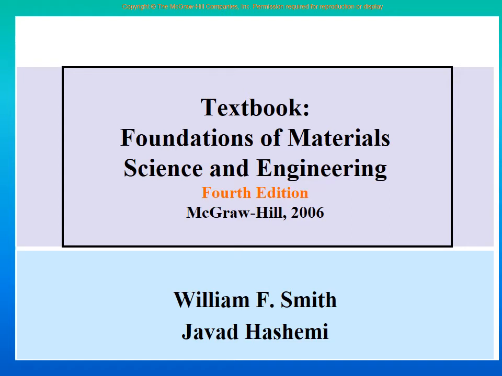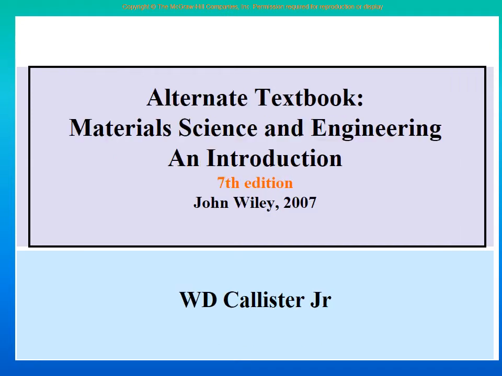There are two textbooks generally that we have been following for the last 10 years. The first I prefer is Foundations of Material Science and Engineering by Smith and Hashmi. The second book is Material Science and Engineering: An Introduction by Callister and Rethwish. When you go to the textbook section to get them, most probably, because Smith and Hashmi was a paperback, it was not in very good condition after a few years of use, while Callister was a hard cover.